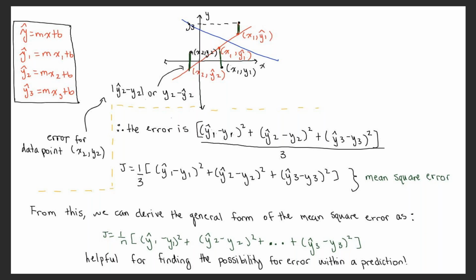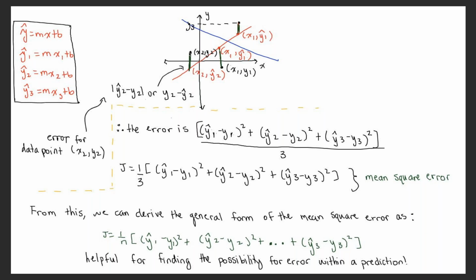So what we do to predict the error is we subtract the two. We do y hat 2 minus y2, and this will give us a negative result since y hat 2 is a lower number. So we just put that in absolute values, or we can alternatively do y2 minus y hat 2. And just finding the difference, we can see the distance of this green line, which will give us the error.